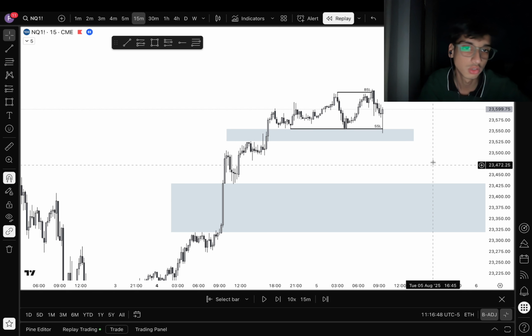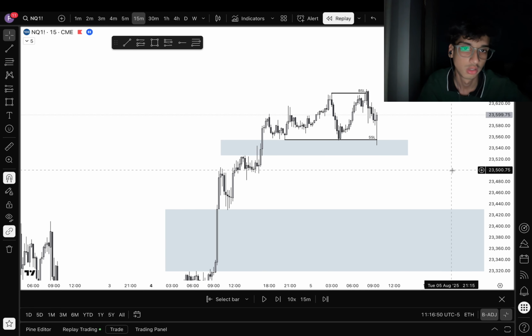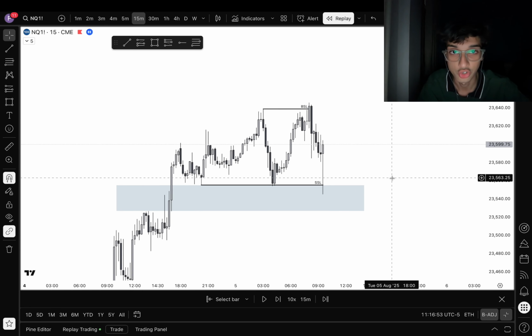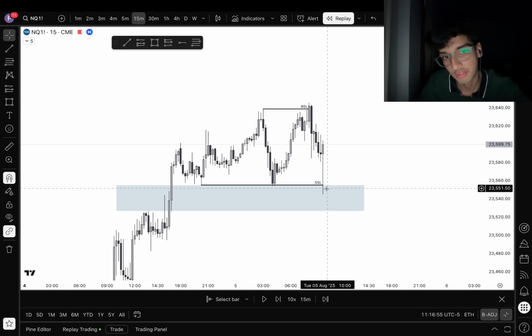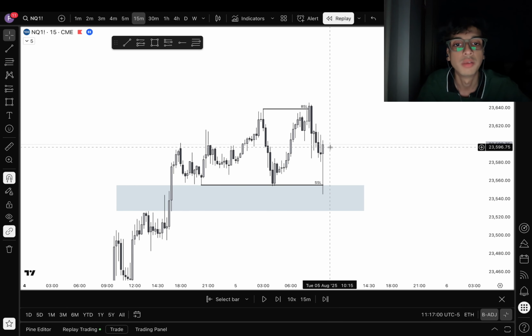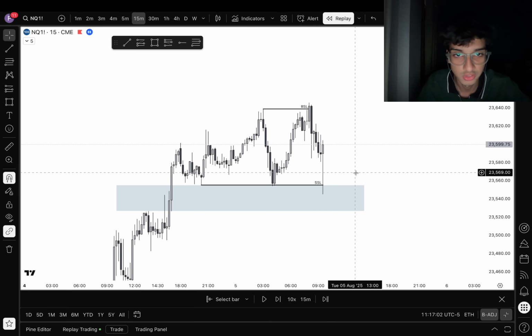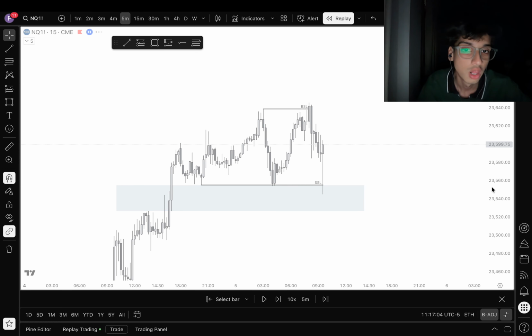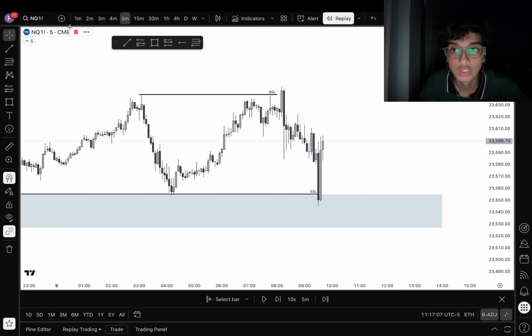Pretty much looks good. Okay. Initially I decided to take a short just because we swept out buy side liquidity and we have an unfilled 4-hour inefficiency and two equal stacked lows, that's the session lows. But basically in the pre-market session we ended up sweeping the sell side liquidity, so I'm again looking for longs.